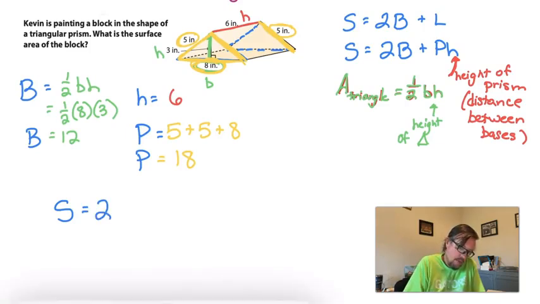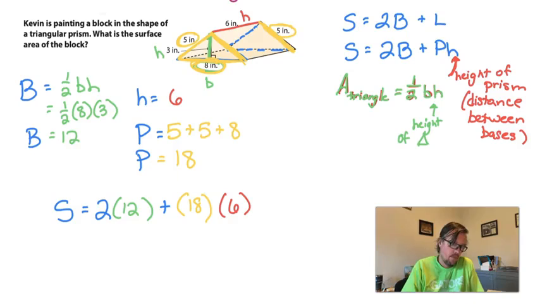2 times big B plus P, which was 18, times H, which is 6.